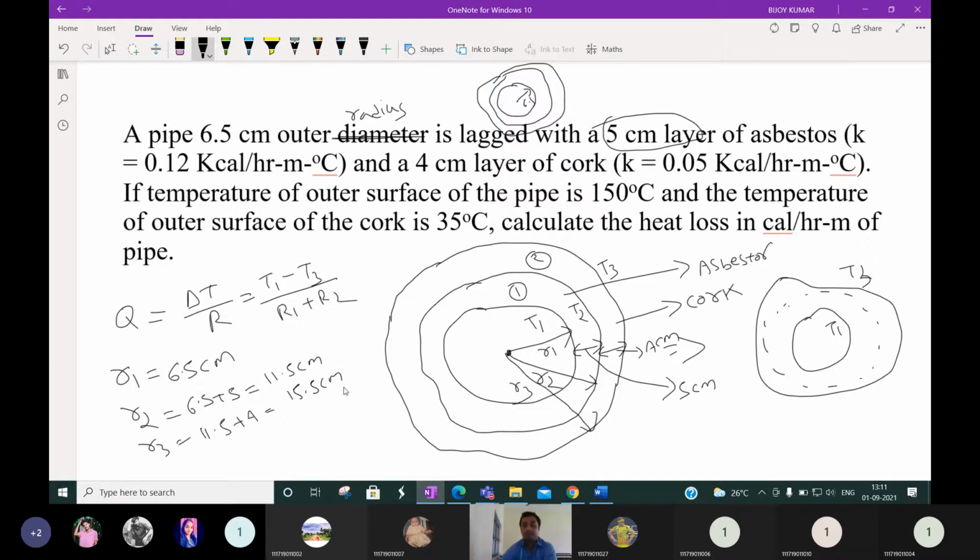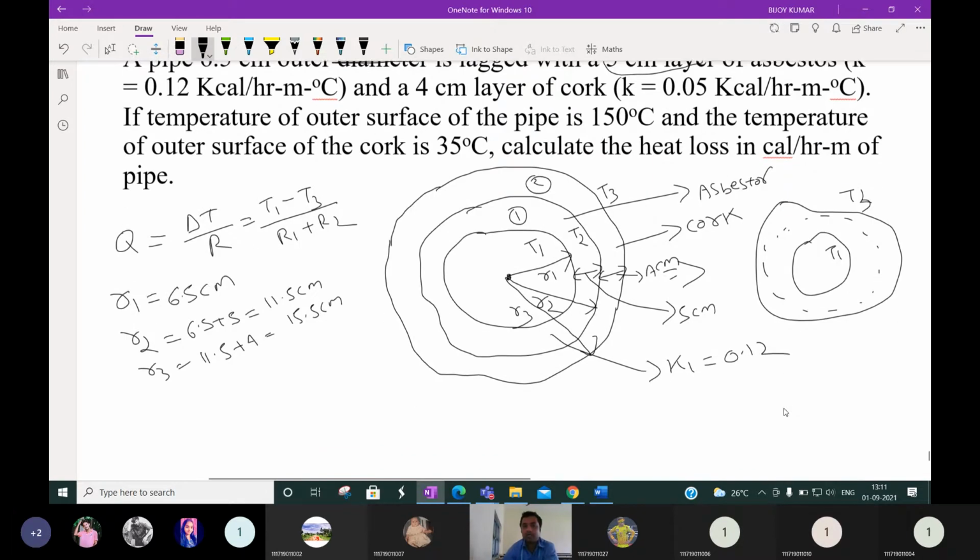Now, the thermal conductivity of asbestos is given. For the first one, K1 is given 0.12. And for the 4 centimeter layer of cork, K2 is given 0.05.